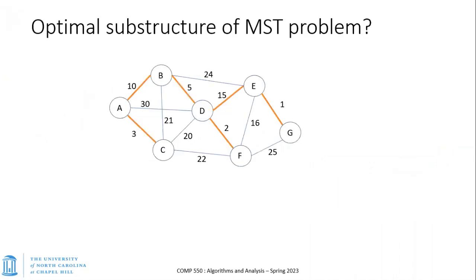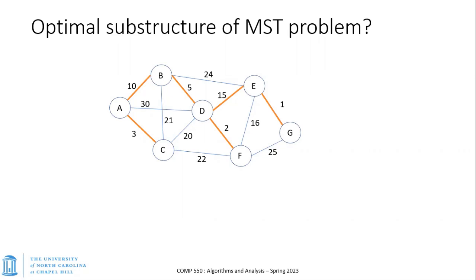So the first question is, look at the optimal substructure of the minimum spanning tree. Can somebody, based on the last lecture, say what is optimal substructure? And we showed that in a different problem, which was the shortest path as opposed to the minimum spanning tree. So we saw that in the shortest path problem.